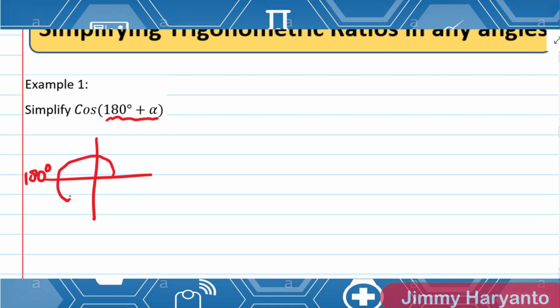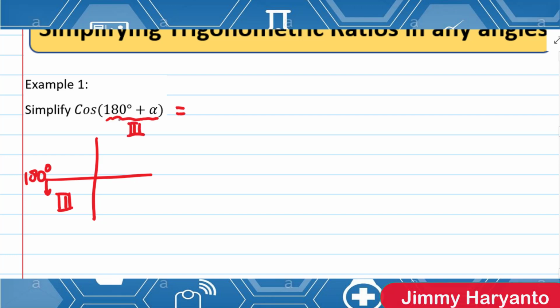Yeah, so from 180 move forward a little bit. Right here it will be quadrant 3. Yeah, if it is negative, so you have to move clockwise. Okay, clockwise right there in quadrant 2 if it is negative. Yeah, so this one is positive, so it will be quadrant 3, move forward, move counterclockwise.